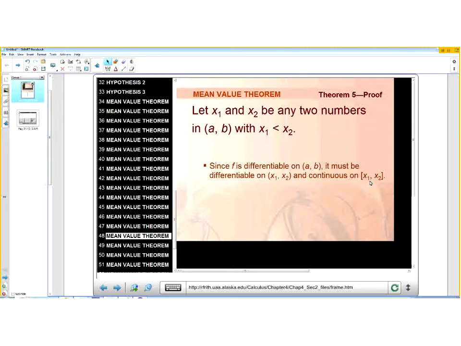So what this means is, translation: here you have an open interval a to b, and then you have a subinterval of the open interval, x1 to x2.